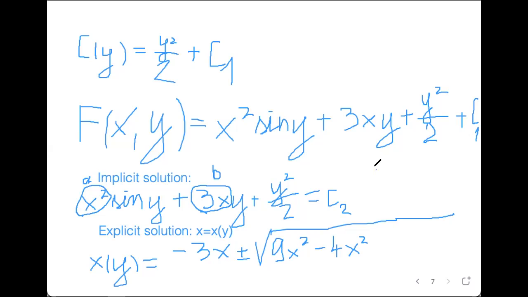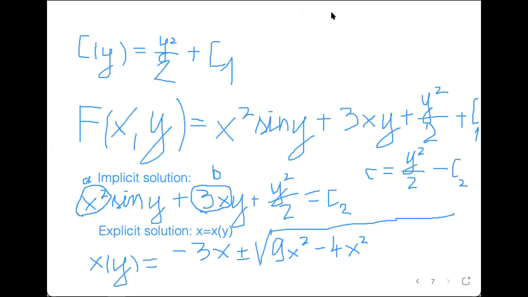So c here is equal to y squared over 2 minus c2. And here, oops, I guess I misidentified the coefficient here, so that's fine.